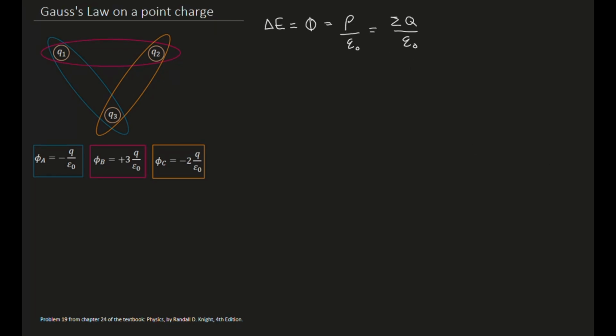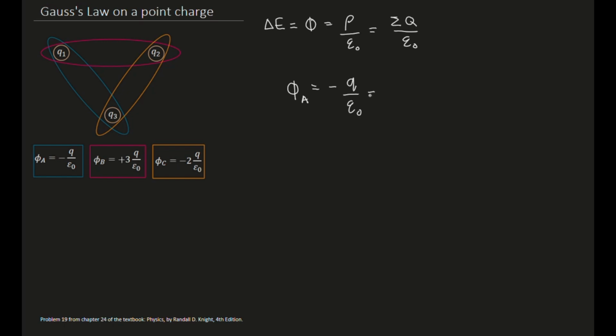So that's the way we're going to formulate this equation instead of using charge density. We're going to set up a system of equations, and then solve it. Let's look at the flux equation for the first Gaussian surface, our blue one, surface A. I have the flux of A equal to negative Q over epsilon naught, which has been given to me.